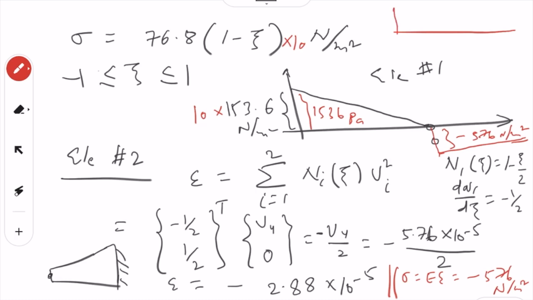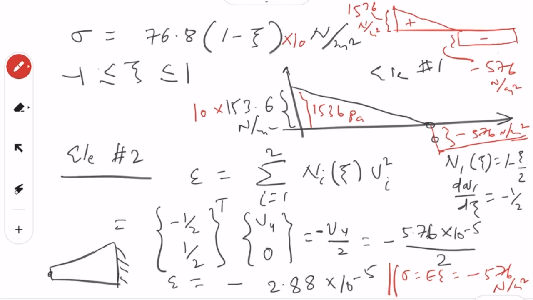It will first go from here to here, and then it will go something like this throughout. So the value here will be 1536 Newton per meter square, and here will be a constant value minus 576 Newton per meter square. Yeah, so this will be plus, this will be minus. Okay, so this is what the stress will show.